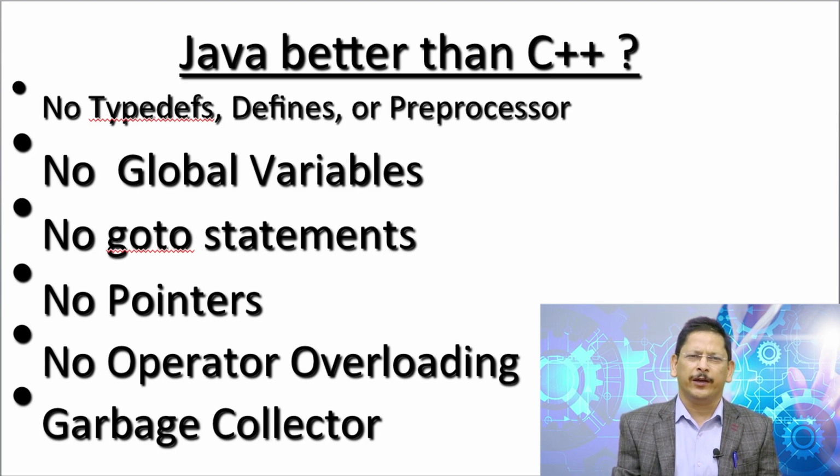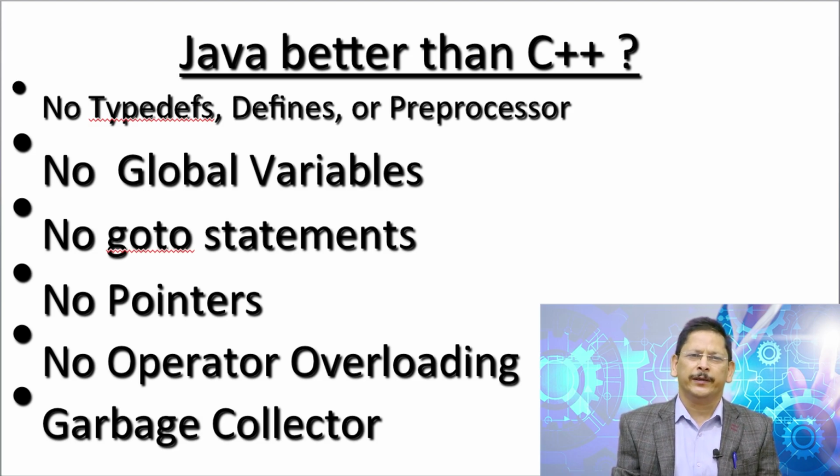And in Java we never define any global variable, only member variables as well as member functions. The variable will be defined inside the class. Outside the class we cannot define any variable, and there is no goto statement in Java. But in C++ we sometimes use the goto statement for looping or for recursive operation of any statement.